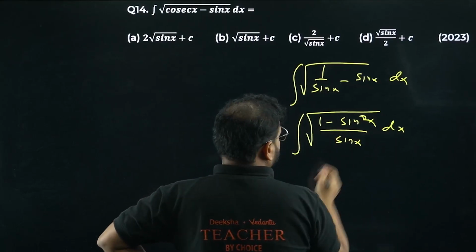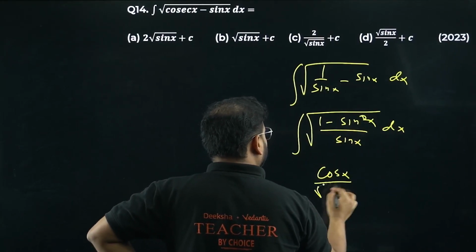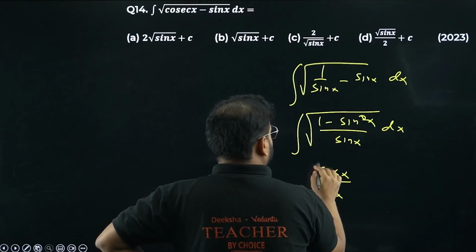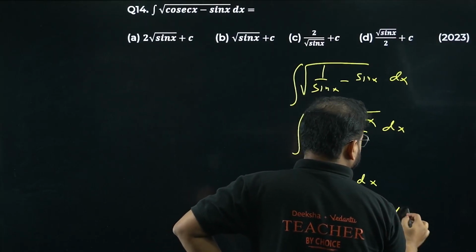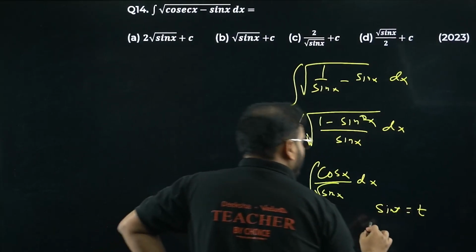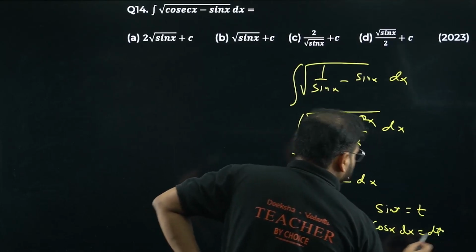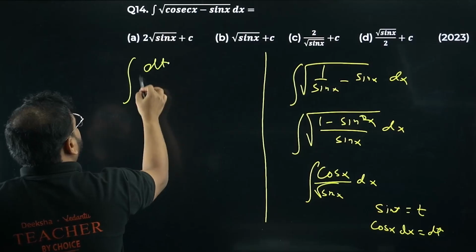Cos square will become cos x because root is there, upon root sin x, integration dx. From here you take sin x as t, derivative will be cos x dx equals dt. Apply the substitution. You have dt upon root t.